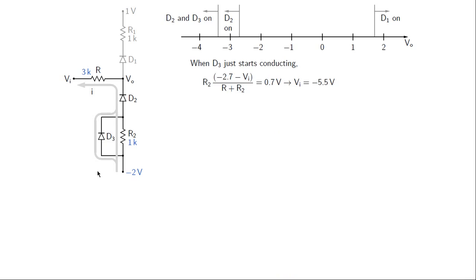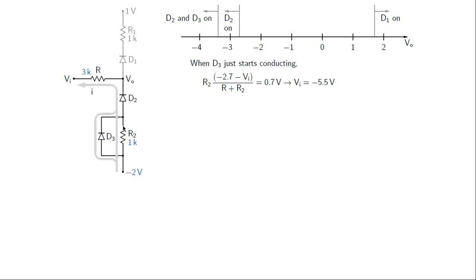When D3 starts conducting, we have two current paths, one through R2 and one through D3, like that. Now let us consider the case where D3 has just begun to conduct. That means this voltage is almost 0.7 volts but not quite. So this current is still 0 and this voltage drop is nearly equal to 0.7 volts.